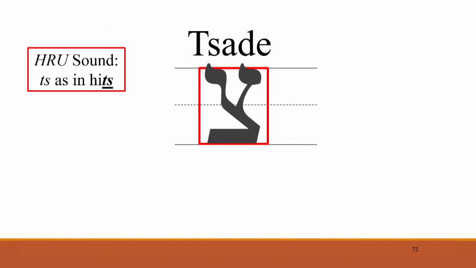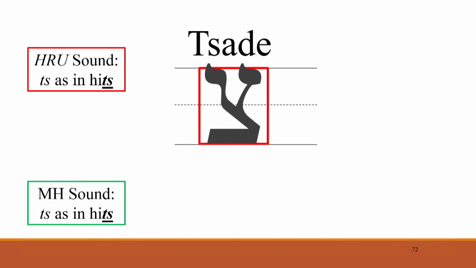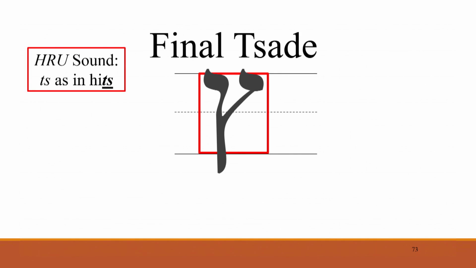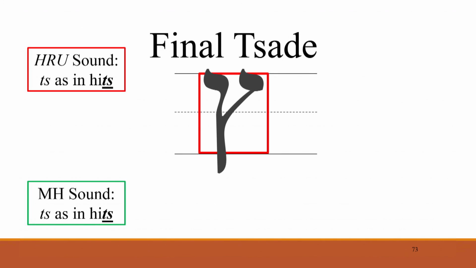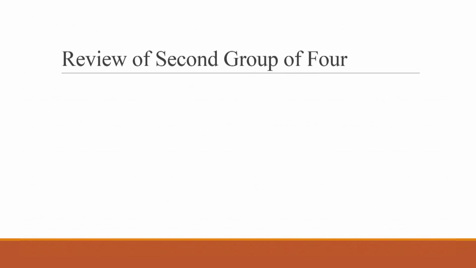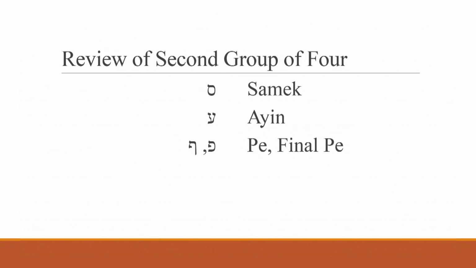Ts, tzade. Here's a final tzade, and it makes the same sound. So let's review our second group of 4. Samech, ayin, pe and final pe, tzade and final tzade.